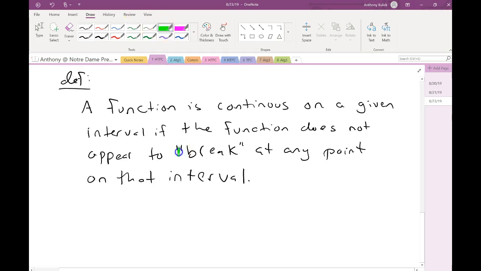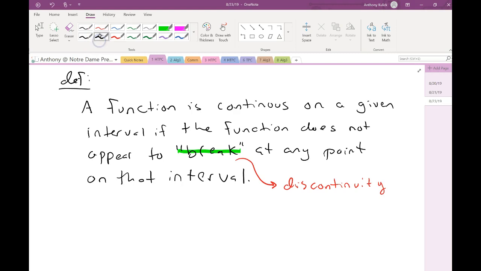So when we say break, what we are really talking about here are discontinuities. So let's look at some types of discontinuity.